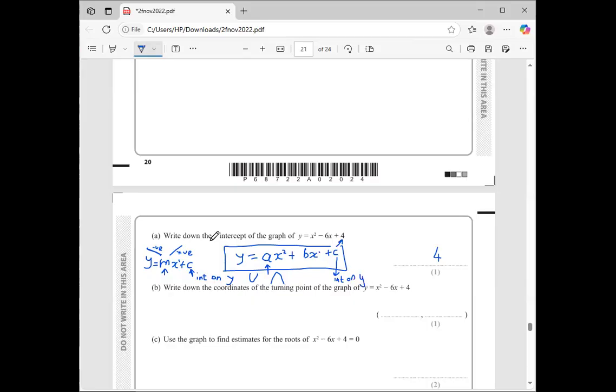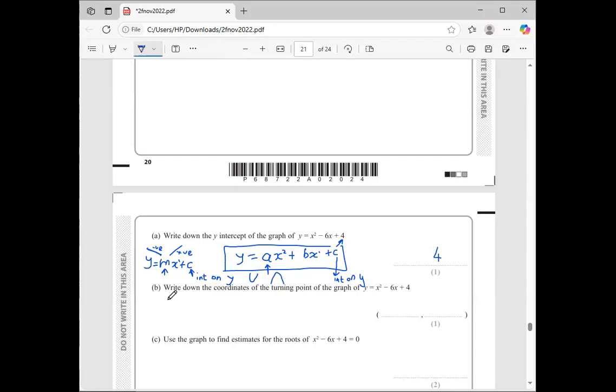And it's asking us to write down the intercept of the graph, and it ends with +4. Please take note, if this +4 were -4, I would have written -4 here as the intercept on y-axis. But guess what? It's +4. So I'm going to erase that minus sign now. Like that. Okay, so here we go.